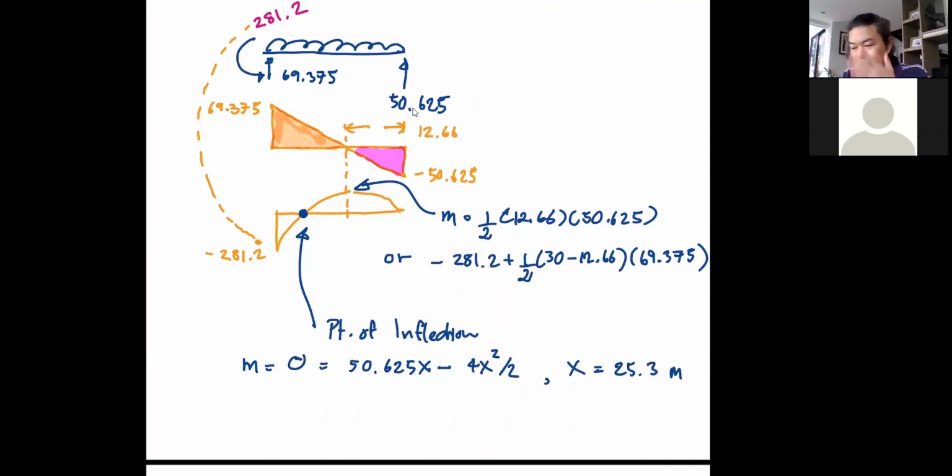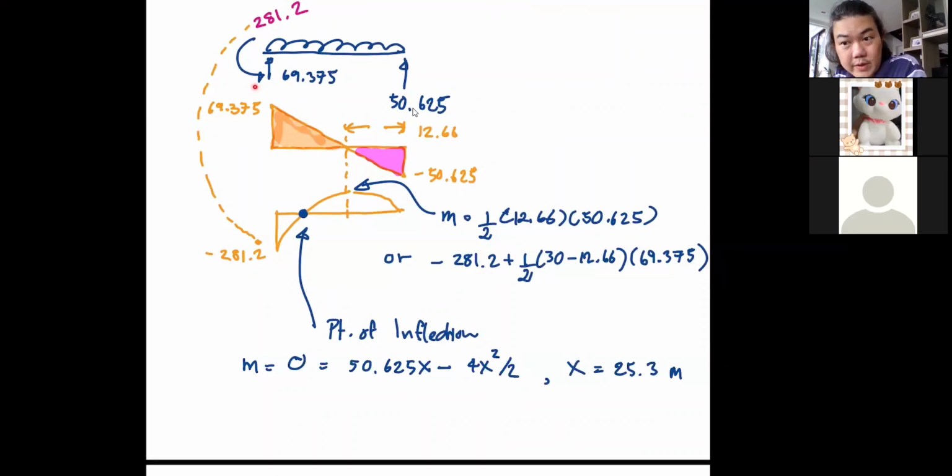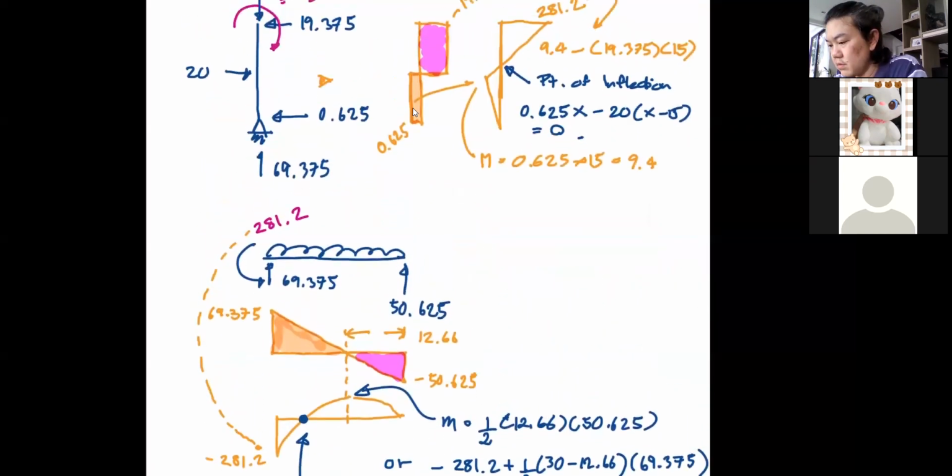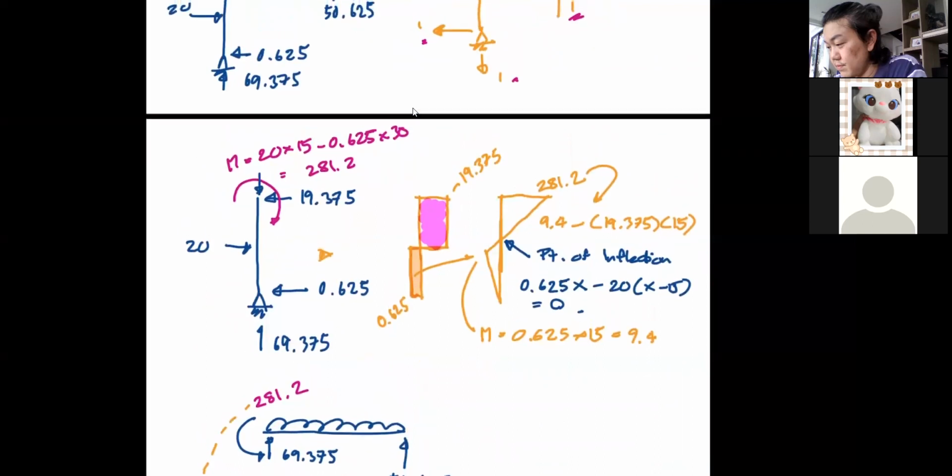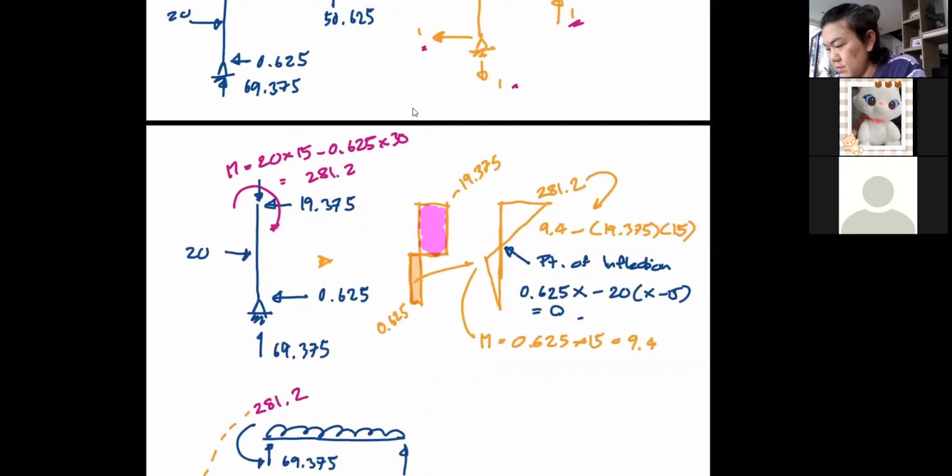Yes, it's minus because you mean this one, right? It's minus because it's a negative moment, you see? In the bending moment diagram you write it up.